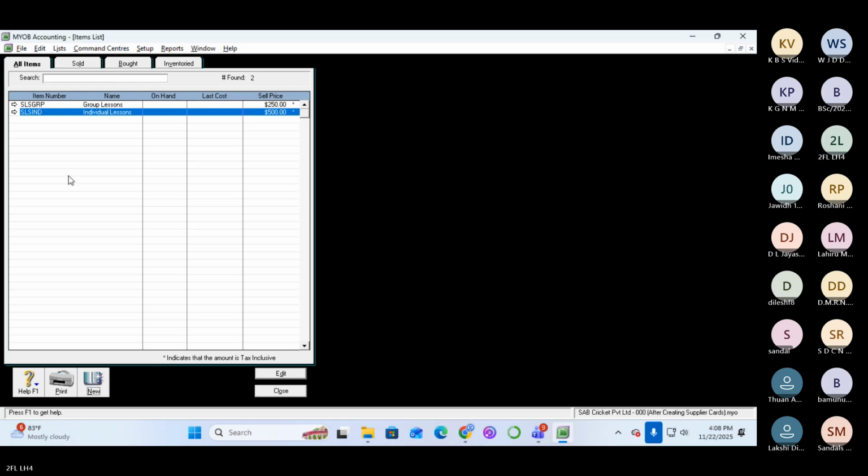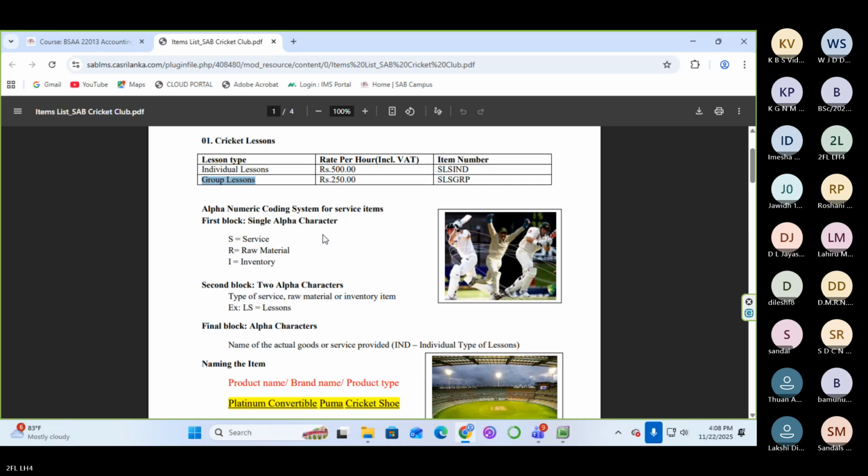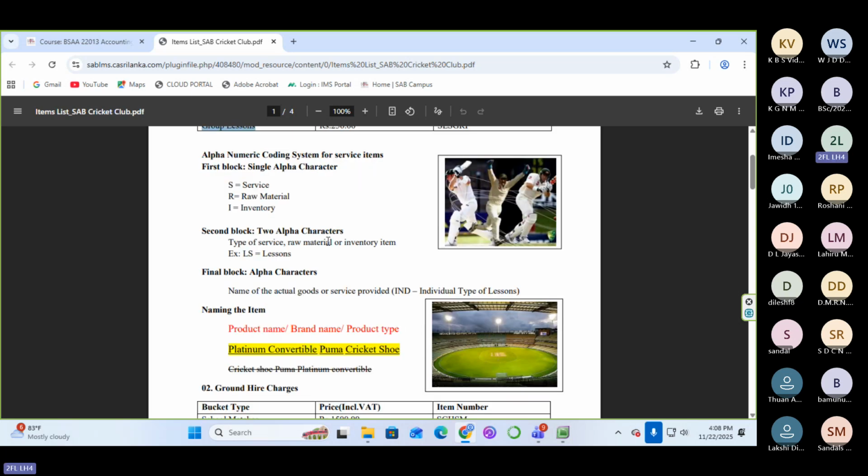All right. Then here in this tab, you are given that lesson of how these codes are created. Okay, how this code or the item number is created. So that is known as the alphanumeric coding system, where you can either use numbers, a mix of numbers and letters, or else you can use purely letters to create the code.